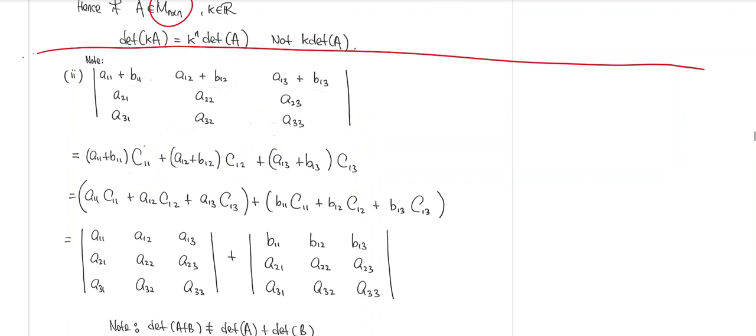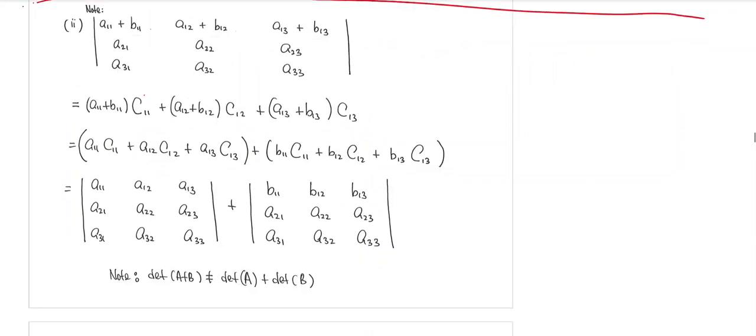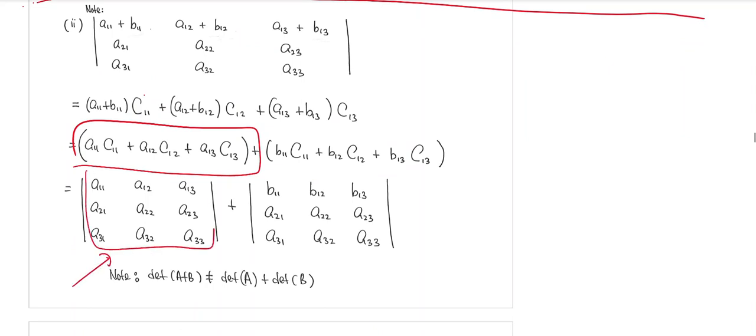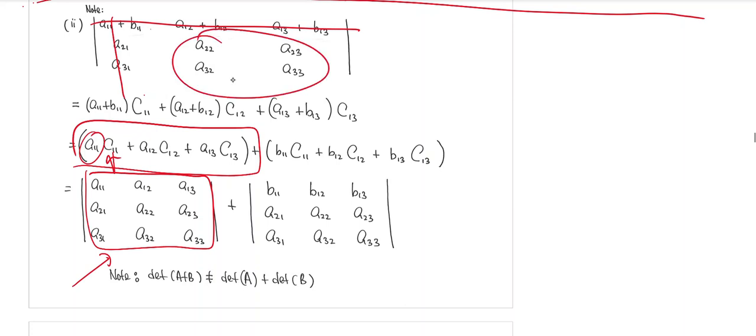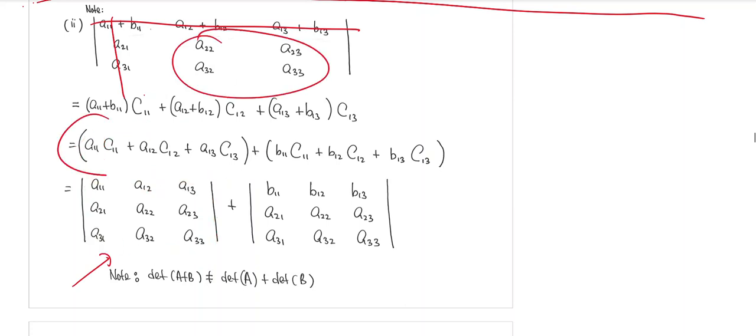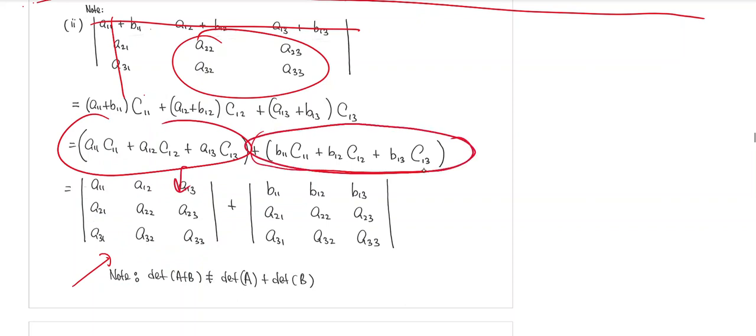Once you arrange it, you will see that this part here is actually the cofactor expansion for this matrix. All right, so you have A11, C11 of that, which is this, which is the same as C11 of that, which is this. So you will see that this part here is nothing but this. And then this part here is the same as computing the determinant for this matrix.